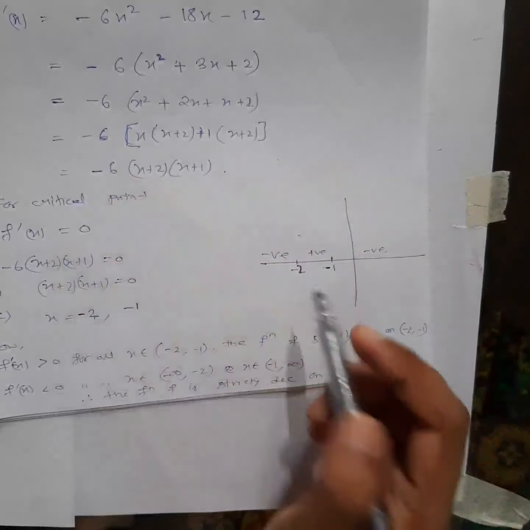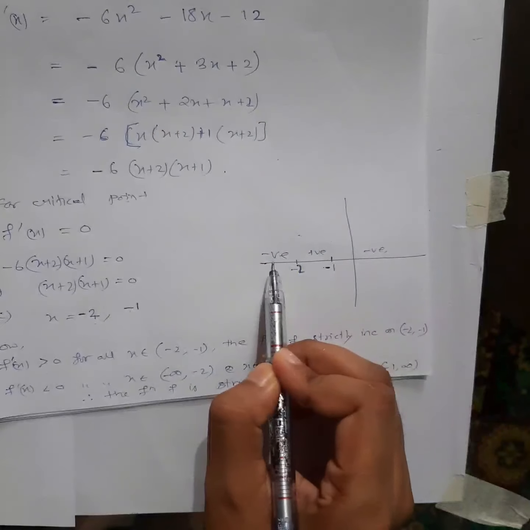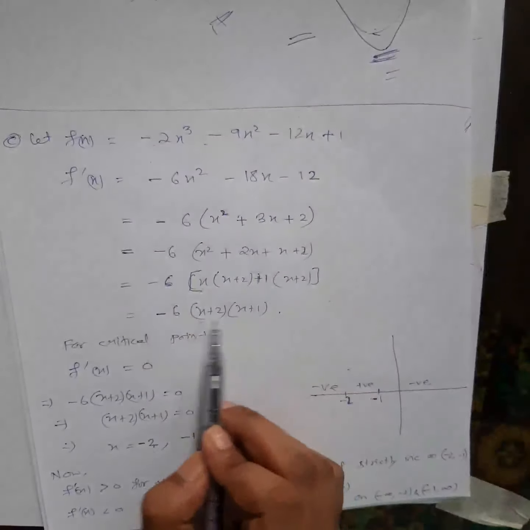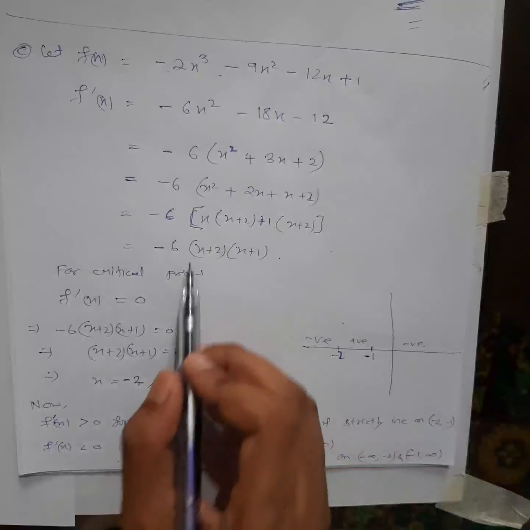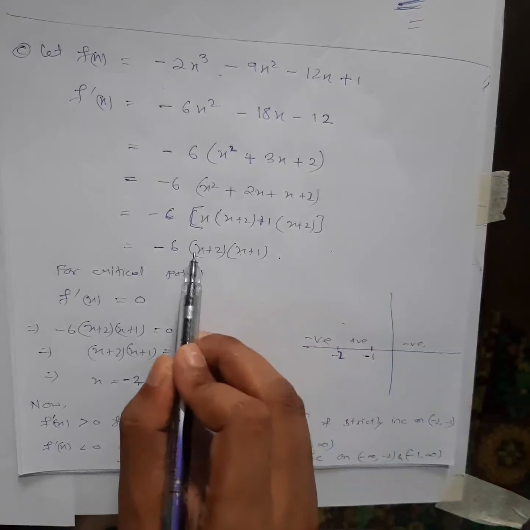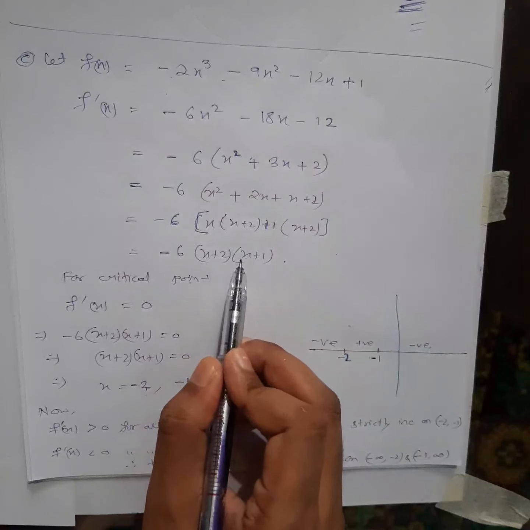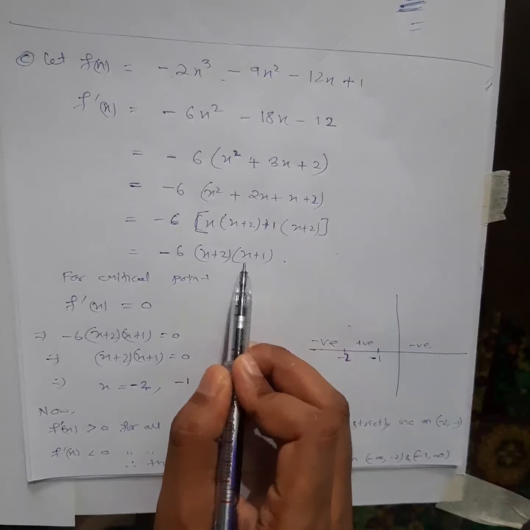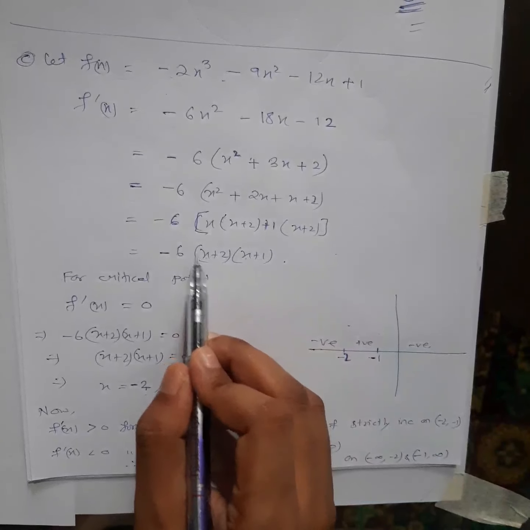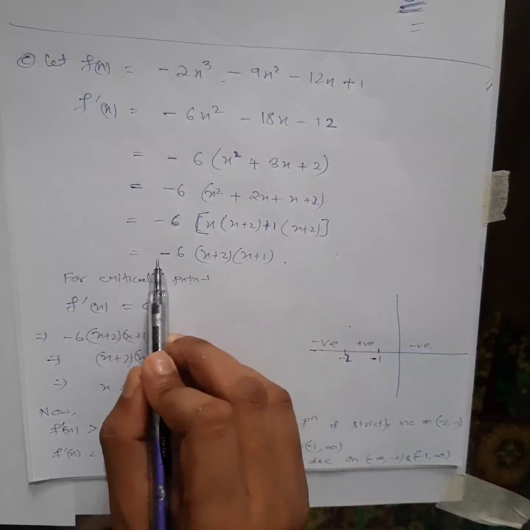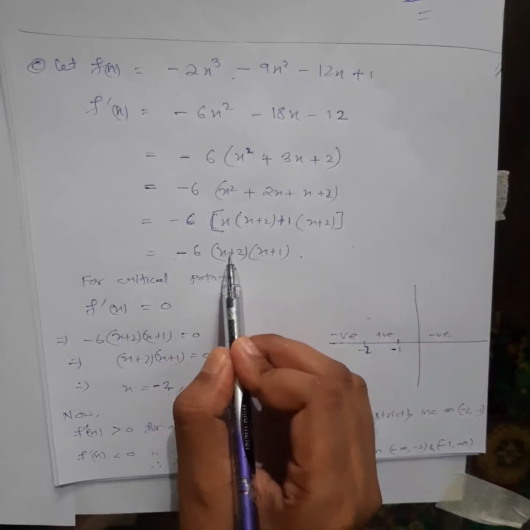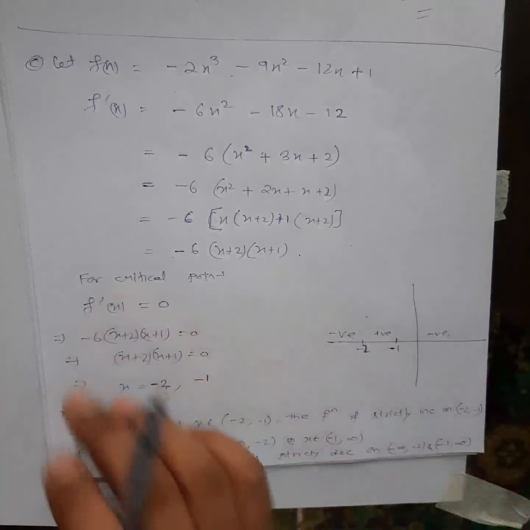So first we will check the left. If you take any point on the left, that is -3, and put it in this derivative, so instead of putting here you put it here. -3 is bigger than this one, so this will give you a negative value. This also, 3 is bigger, so a negative sign will come here. So negative, negative, negative. If you multiply, negative into negative is positive, positive into negative again gives you negative.